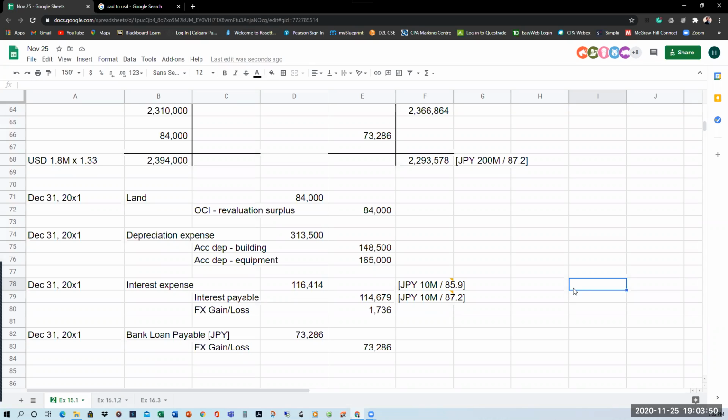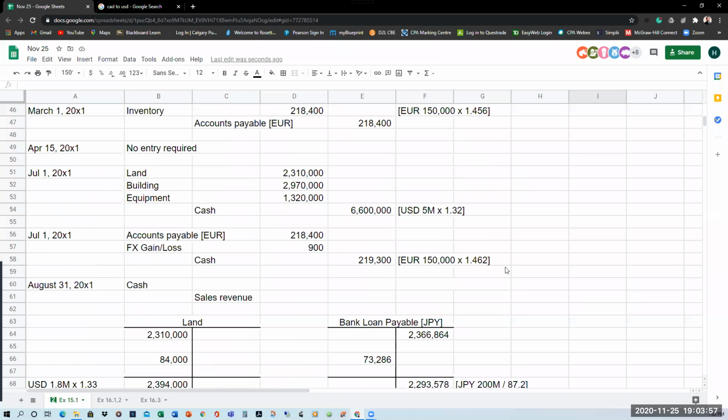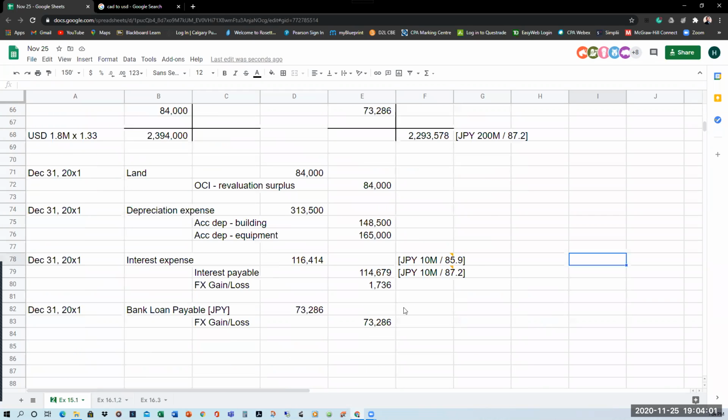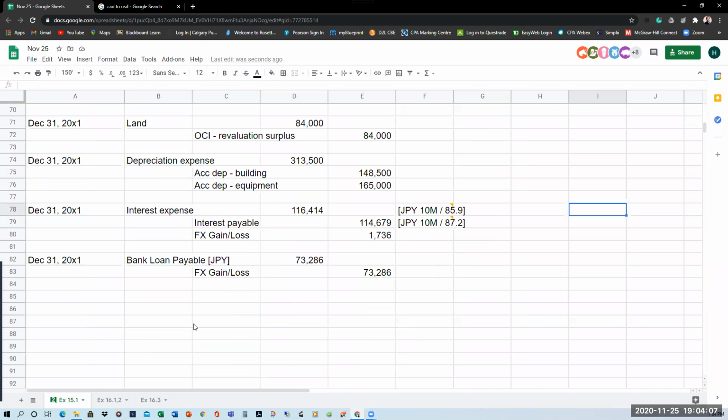So if you think about the net total FX for the year for this company, well, they had an FX loss of $900, and they had an FX gain of 1,736, and an FX gain of 73,286.